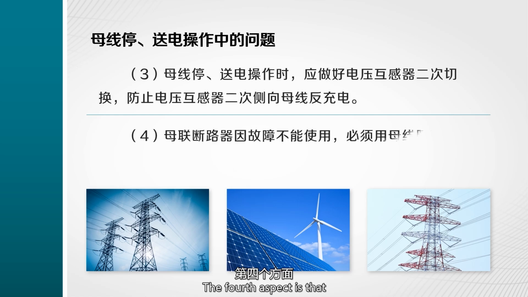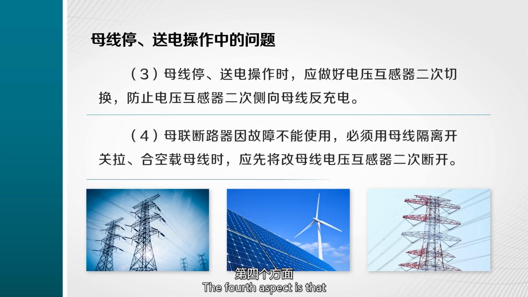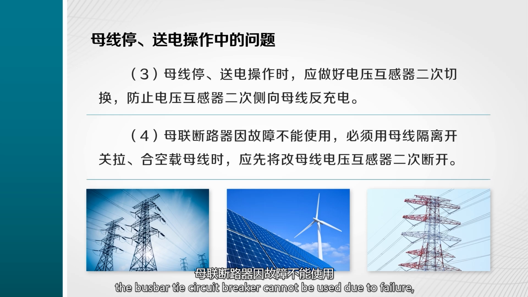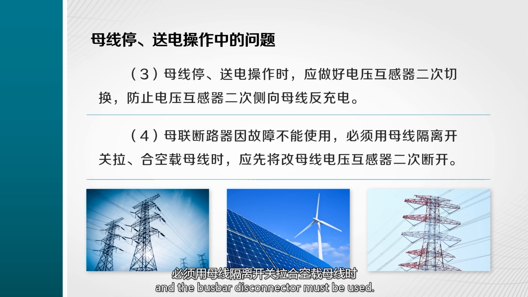The fourth aspect is that when the busbar tie circuit breaker cannot be used due to failure, the busbar disconnector must be used when closing the no-load busbar. The voltage transformer of the busbar should be disconnected on the secondary side.